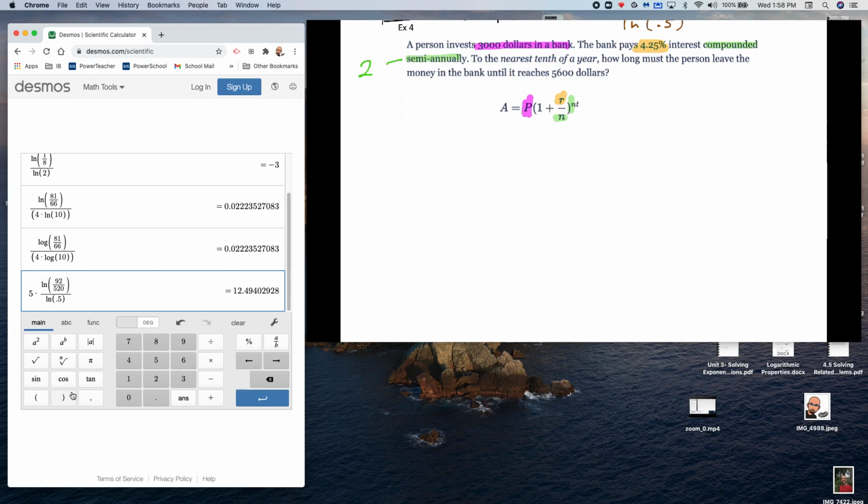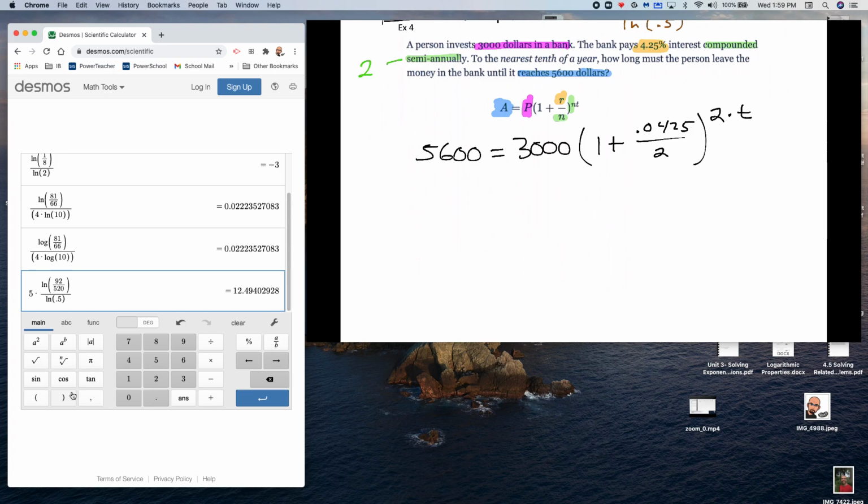So that one, 5,600, let me use a different color. 5,600, let's see, I'll use this blue. 5,600 is going to be A, and then we'd be solving for T. So let's write all the things that we have in here. 5,600 is equal to 3,000 times 1 plus R, which is 0.0425, because that's the rate as a decimal, divided by 2, to the 2 times T.